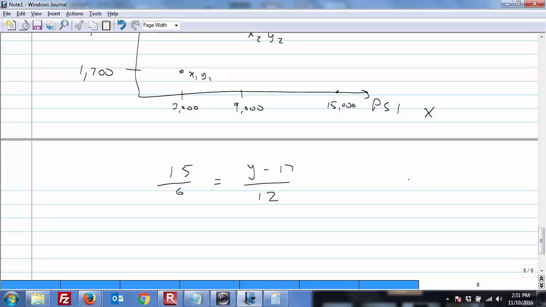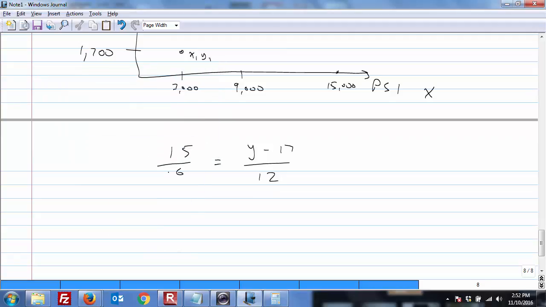From here we'll multiply both sides by 12. 12 divided by 6 is 2, so 15 times 2 becomes 30, equals y minus 17.